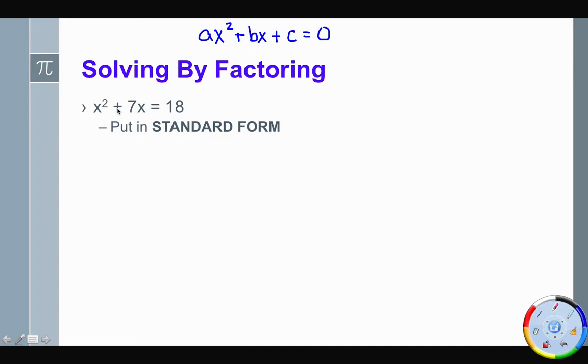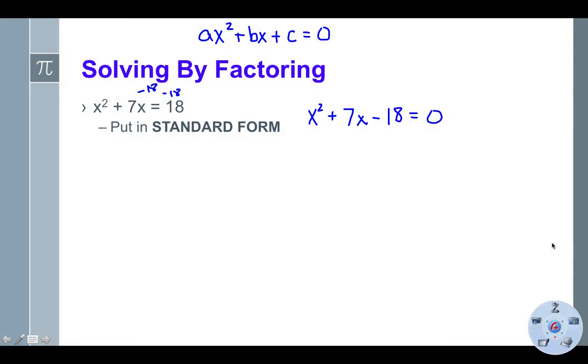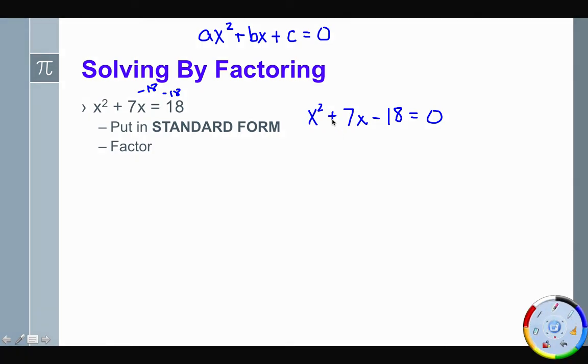All right, so we need to subtract 18 from both sides of the equal sign. And by subtracting 18, we get a new looking equation, x squared plus 7x minus 18 equals 0. Now that we have that, it's in standard form, and now we can factor the quadratic.